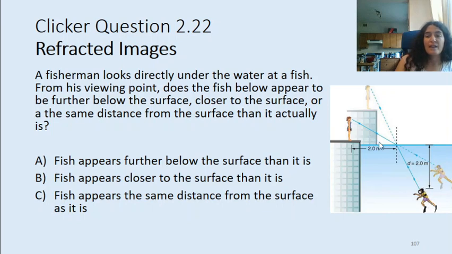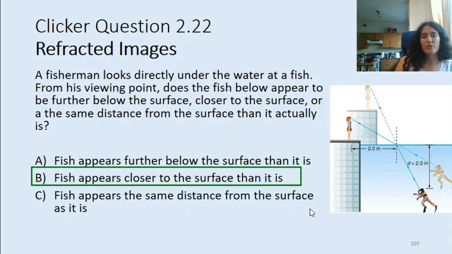So again, the eyes of the lifeguard don't know how to interpret the bending of the light, and so what's visualized is light traveling in a straight line, right? And so that would mean that there would be a virtual image here in a location that is closer to the top surface of the water, right? So this is what would happen with the fisherman. And the fish would appear to be closer to the surface, right?